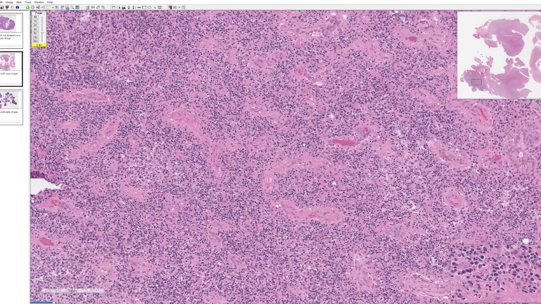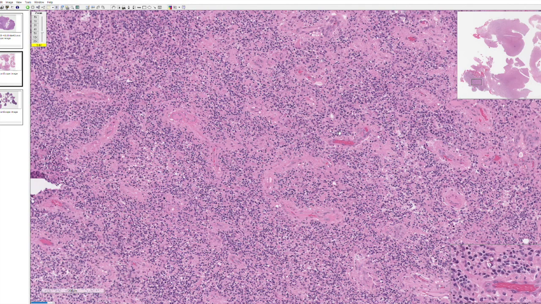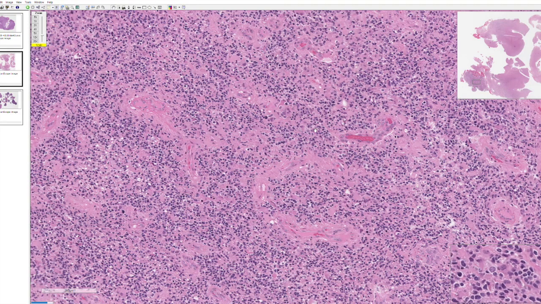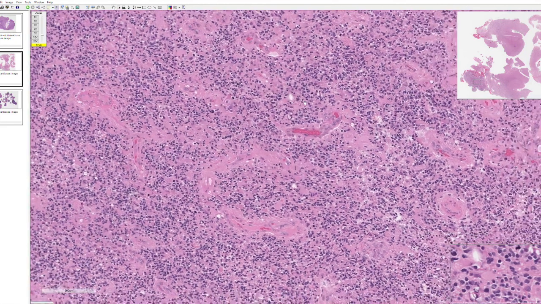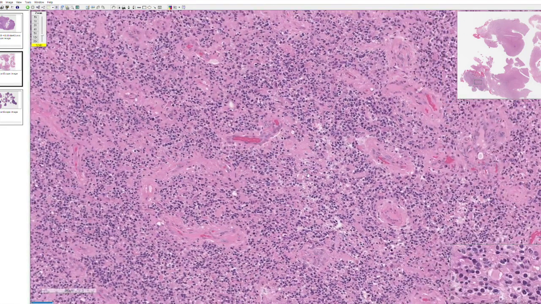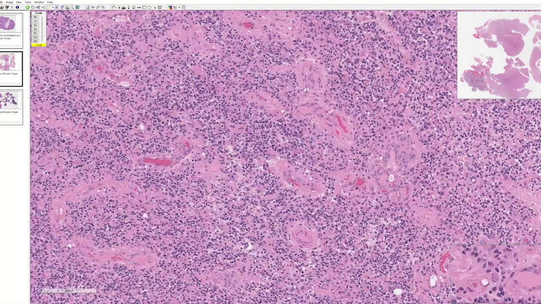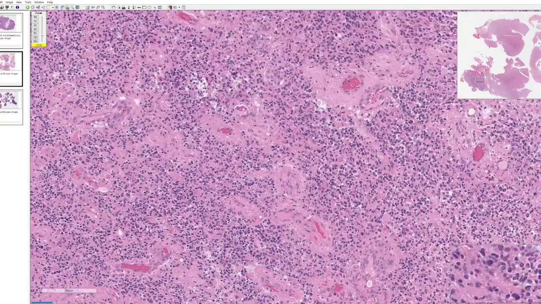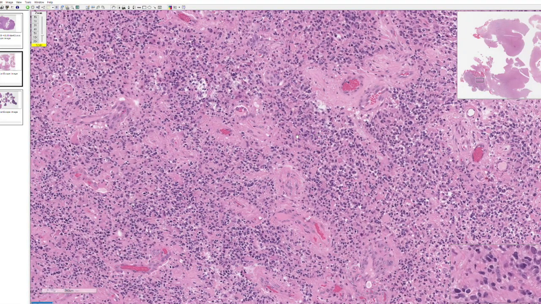Now let's look at some of the features and see if we can understand the biology of glioblastoma. So obviously the excess number of nuclei is a hallmark feature of cancer, which is hypercellularity. And this is of course due to cells rapidly dividing, as cancer is a disease of dysregulated cell growth.